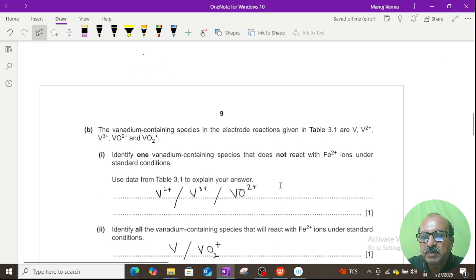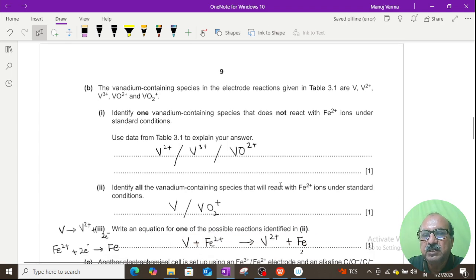This question is particularly challenging and requires a lot of attention. So please listen to this very carefully. The vanadium containing species in the electrode reactions given in table 3.1 are V, V2+, V3+, VO2+, and VO2+.